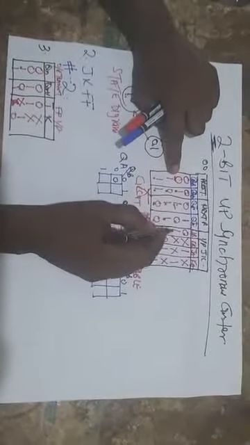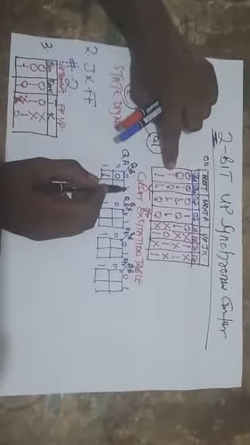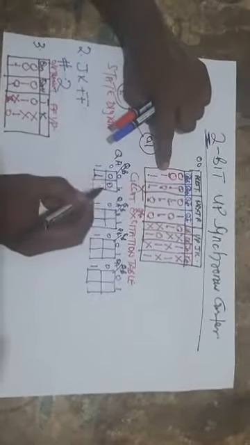No, it's 1. 1, 0 is 0. And then 1, 1 is 1. Okay, so we minimize the expression.